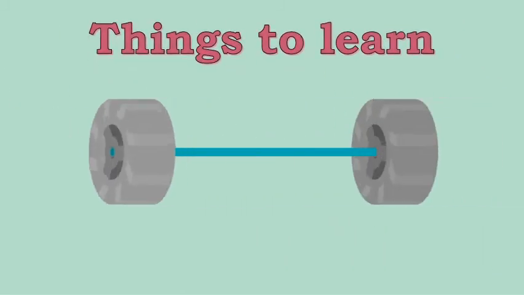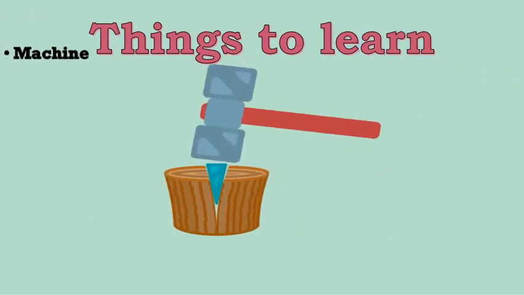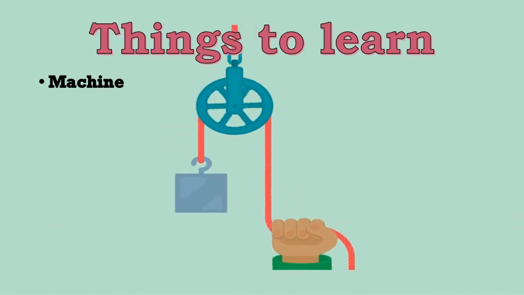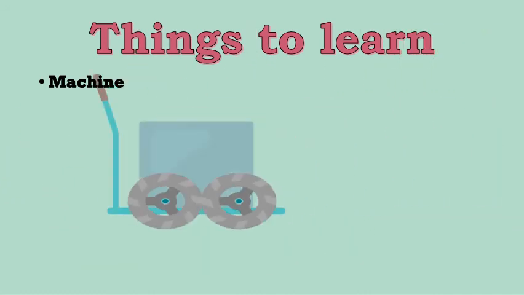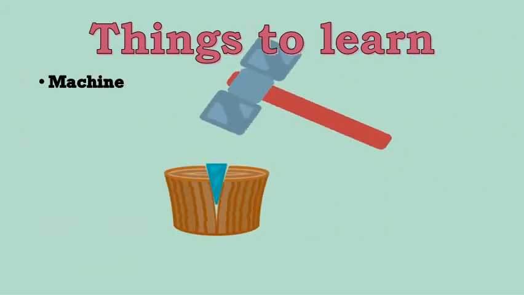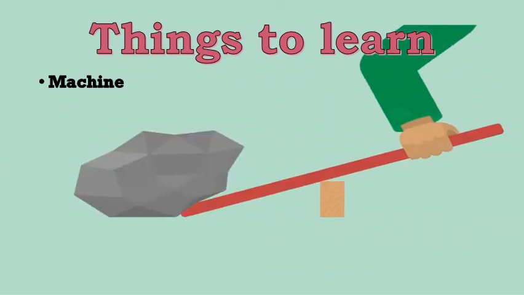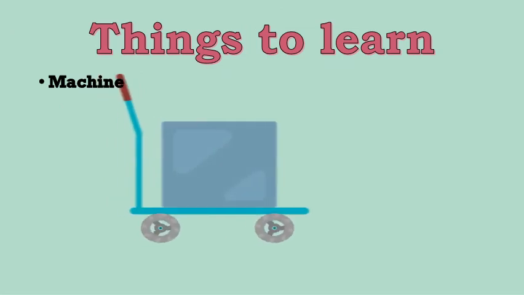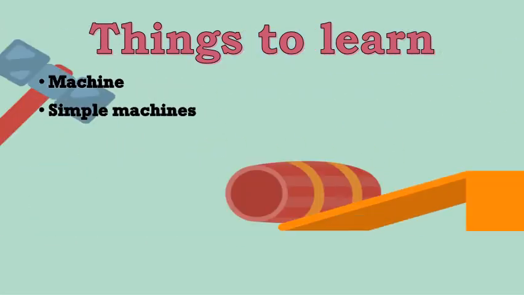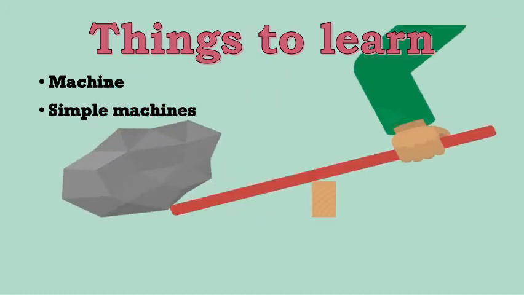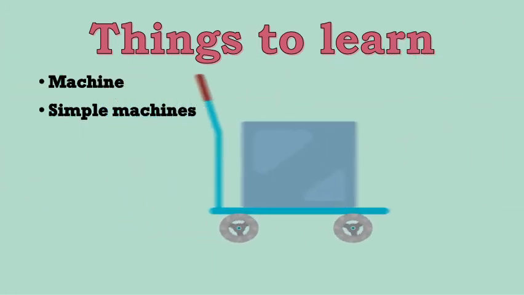So here come the things to learn, which include the machine. We would learn what a machine is, how we use it in our daily life, and how many advantages there are and what these advantages are. Then we will learn about simple machines, what they are and how they look.